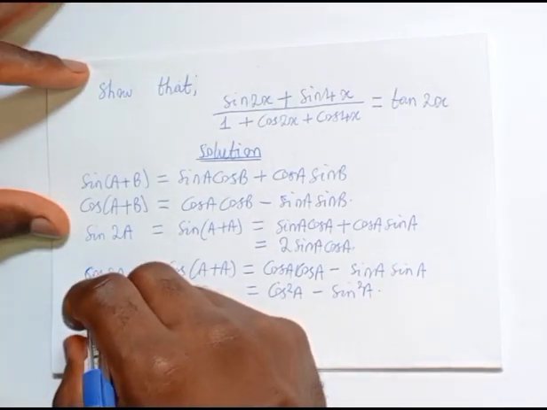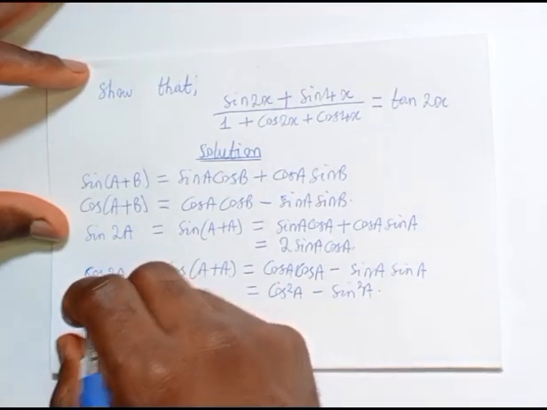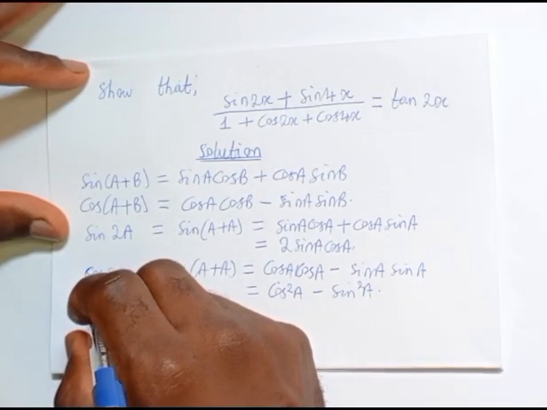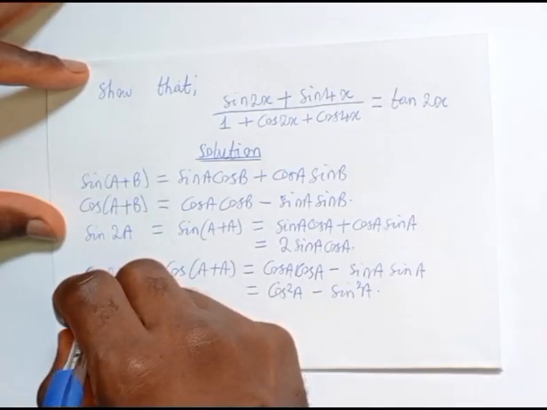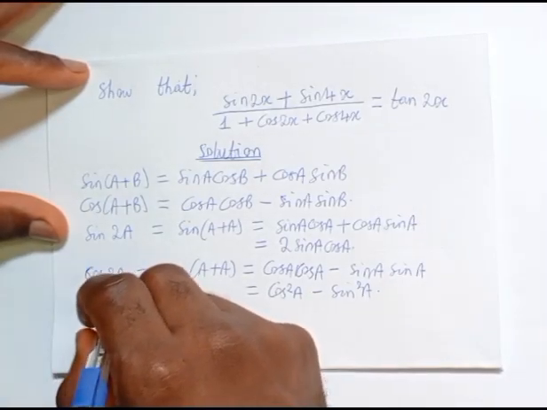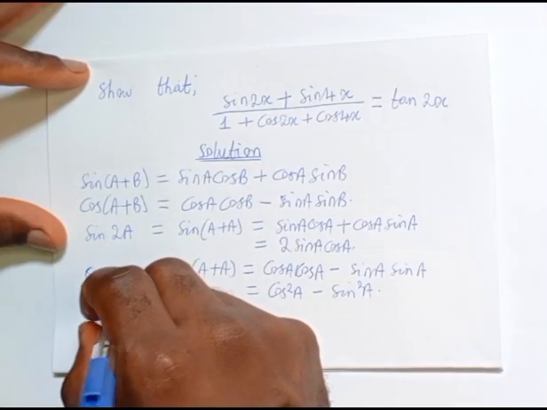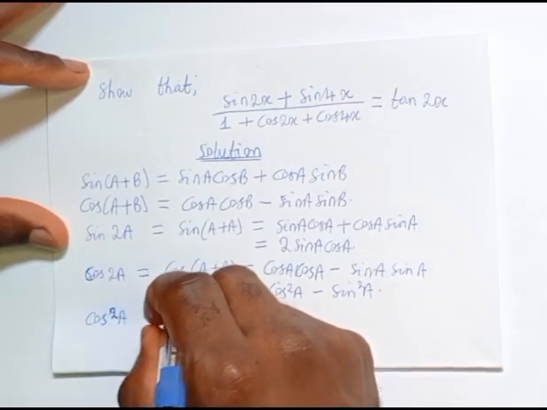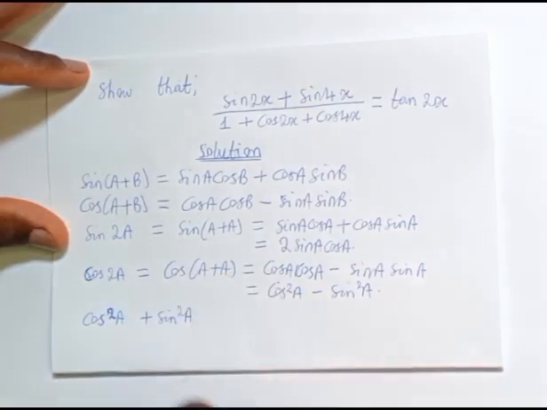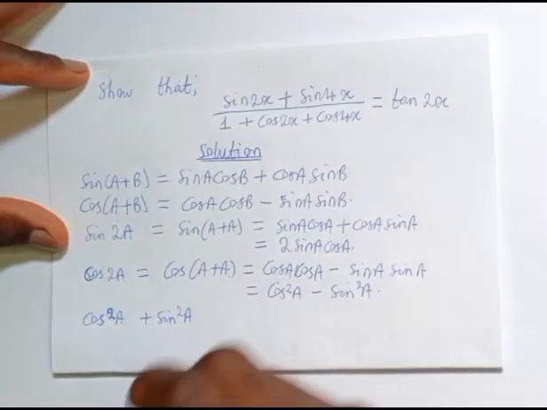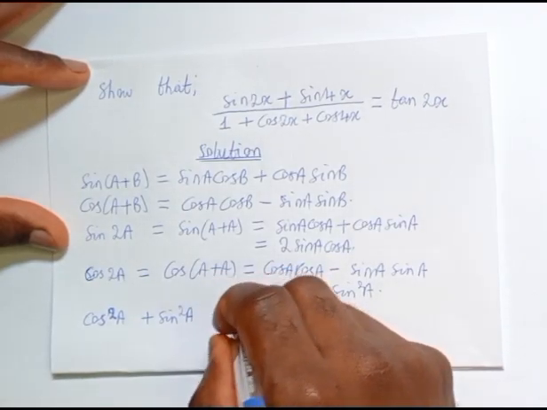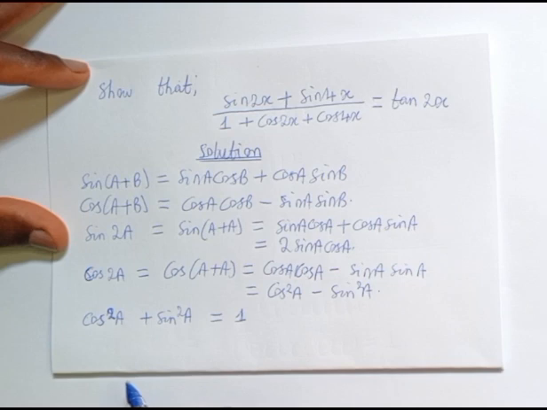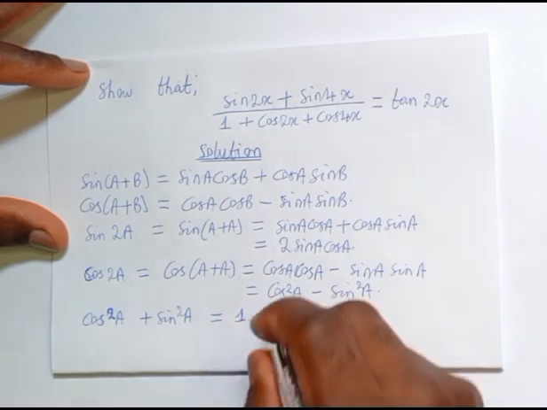And we know this identity for trigonometric ratios. It says that the cos squared of an angle A plus the sine squared of the same angle A is equal to 1, where A is any angle.